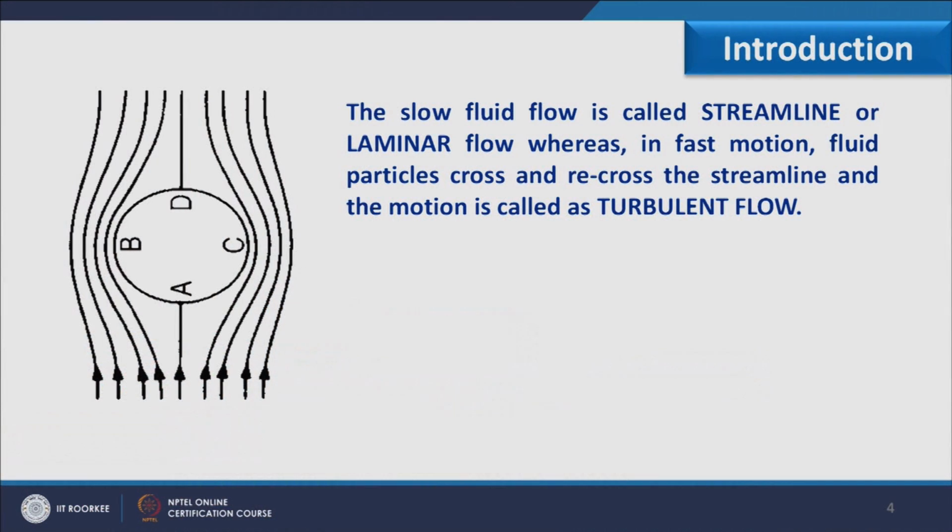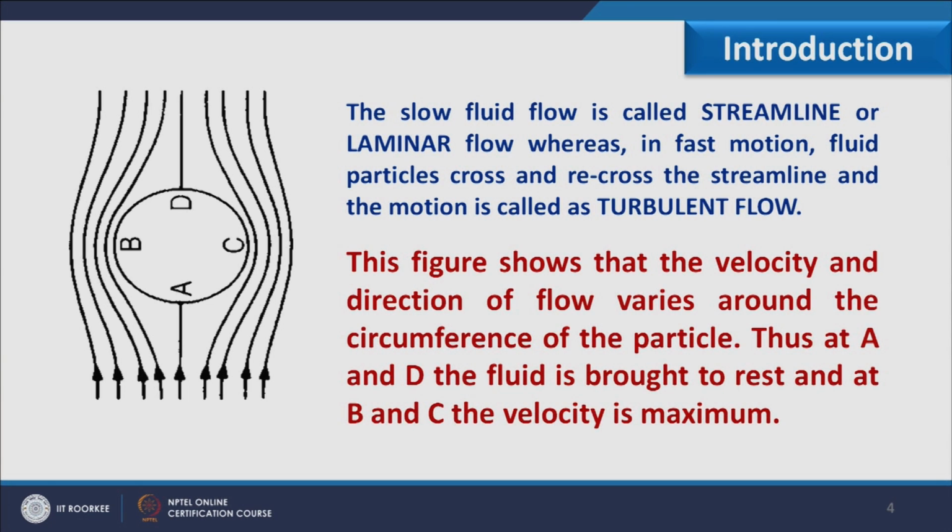The same example we are considering here also. Now, what happens when we consider the velocity at points A, B, C, D? We can say that the velocity and direction of flow vary around the circumference of the particle. At point A as well as point D, the fluid is almost at rest, whereas at point B as well as point C, the velocity is maximum.